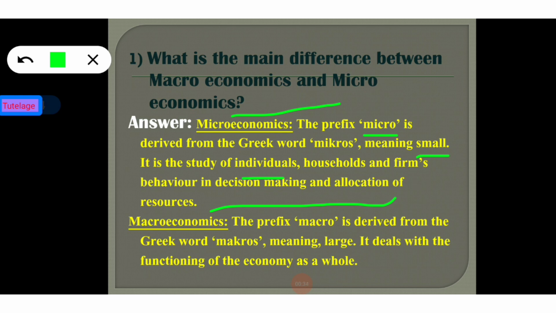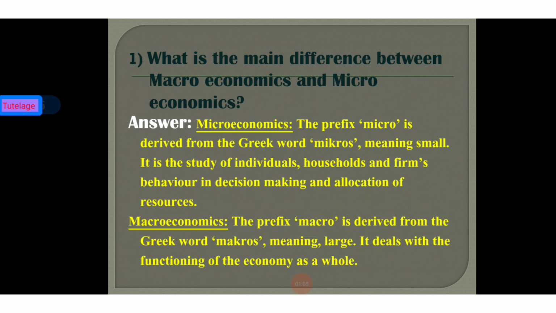On the other hand, in macroeconomics, the prefix macro is derived from the Greek word makros, meaning large. So macroeconomics deals with the functioning of the whole economy. So that is the basic difference between microeconomics and macroeconomics. Microeconomics deals with the individual, household, and firm behavior, and macroeconomics deals with the functioning of the whole economy. Okay, so now going to the next question.